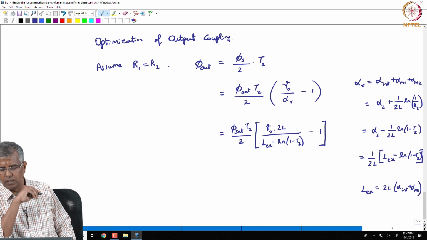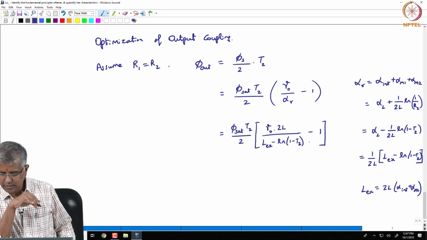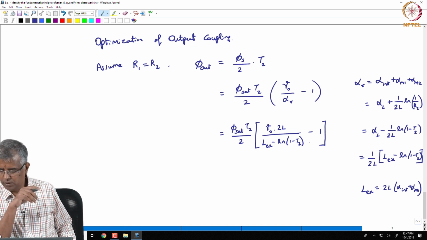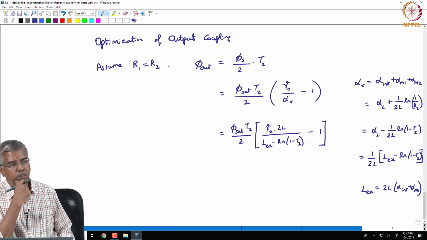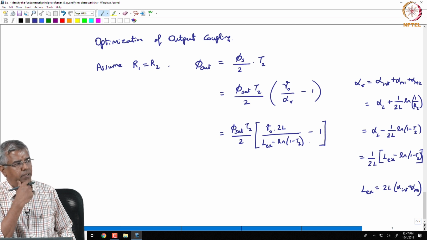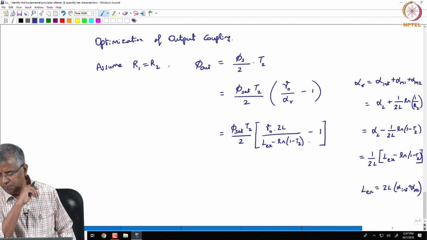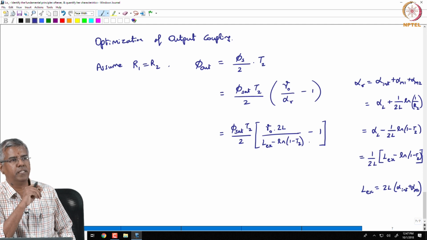Okay. So, here lies the contradiction. You can say that when T2 is very small, then ln of 1 minus T2 can be written as minus T2.